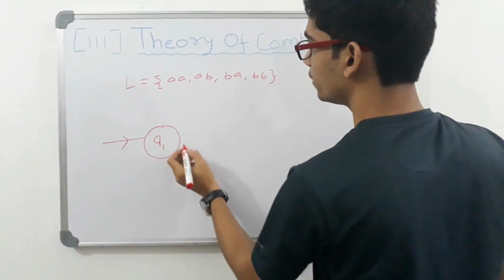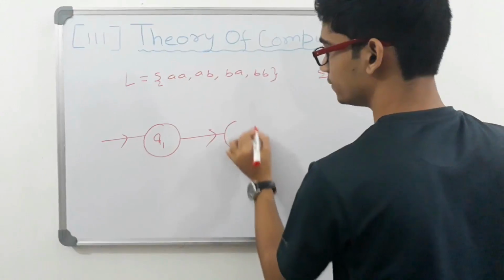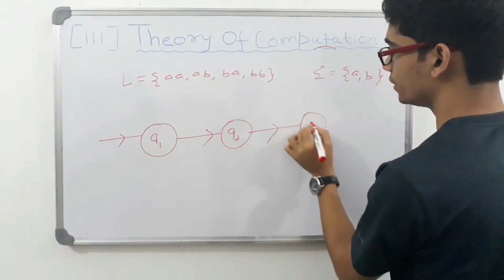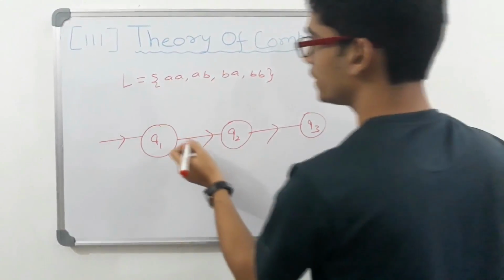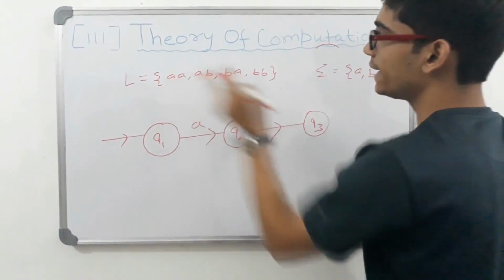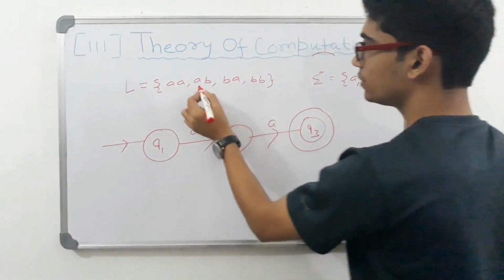Then we have to reach a final state, so I draw Q2 and Q3. If I scan A, we reach a state, and if I get another A, it should be accepted. What about AB?